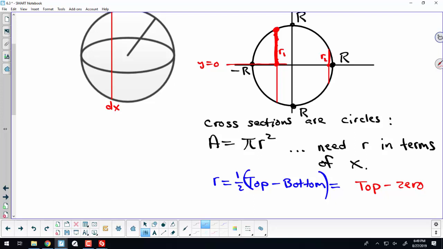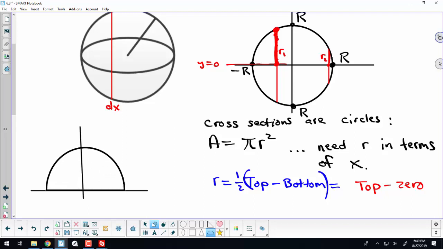All right. Okay, but what is the top part of the function, or the top part of the circle? All right, it's not great, but better than free-handed.